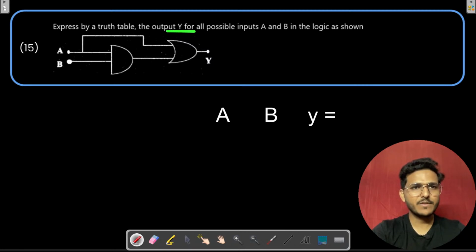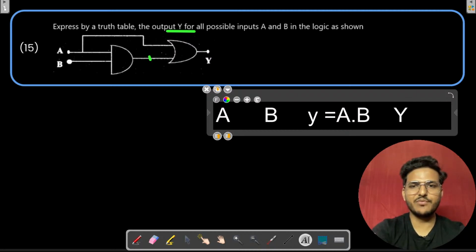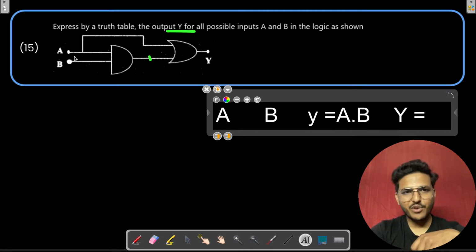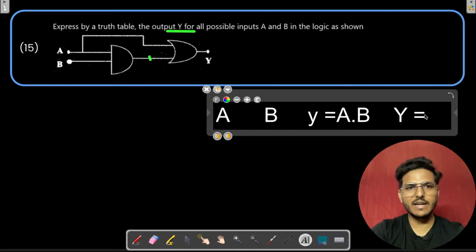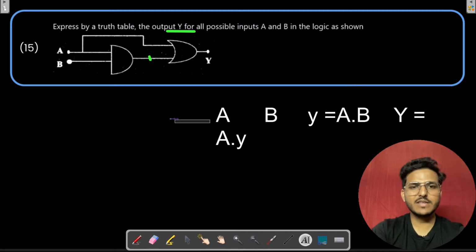So at this point, we get A dot B. Finally, here comes A, and from here A dot B. So can I write A dot B, and small y? This is the final.